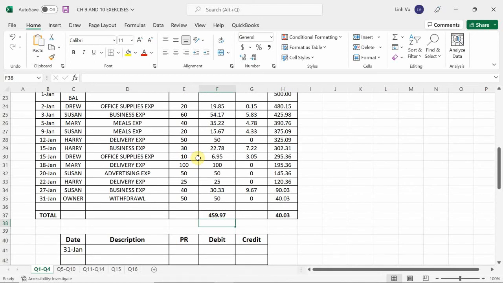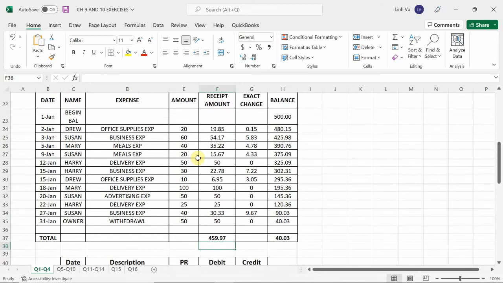Now, how do I record all of these expenses? Because these expenses occurred during the month of January. How do I record all of these? Where do they go? How do I replenish a petty cash fund?